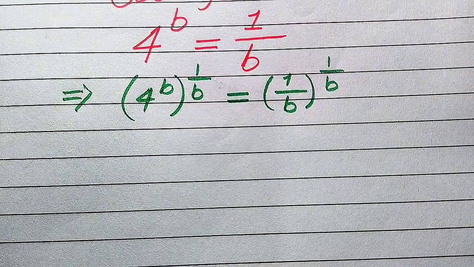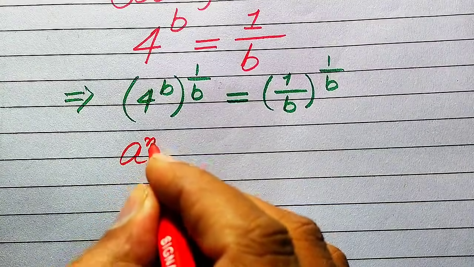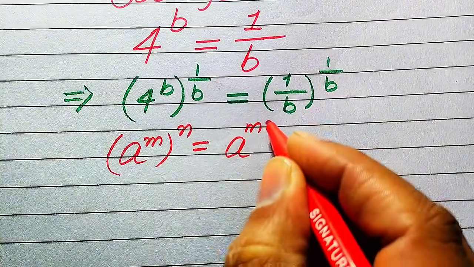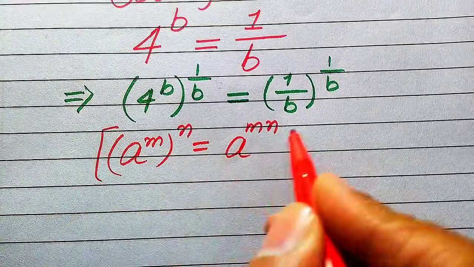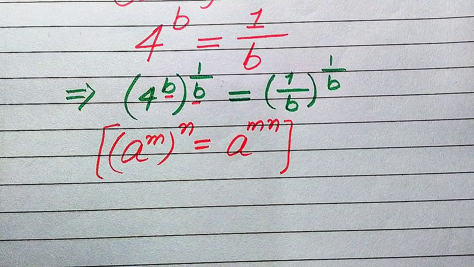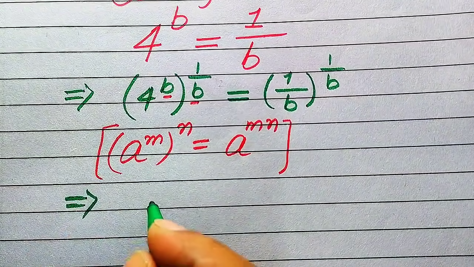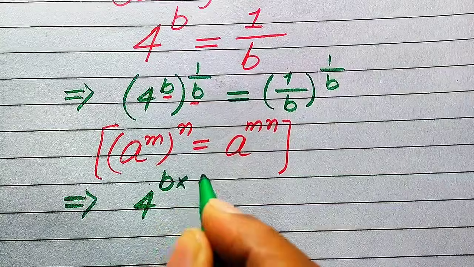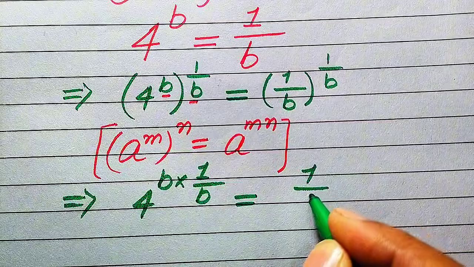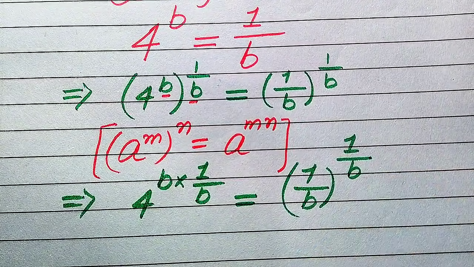And here further we use the nice exponential law. You know that a to the power of m, to the power of n, is equal to a to the power of m multiplied by n. So according to this rule of exponents, we need to multiply these two exponents, and when we multiply the exponents on the left hand side, it will be written as 4 to the power of b multiplied by 1 divided by b is equal to 1 over b, and its whole power is 1 over b.